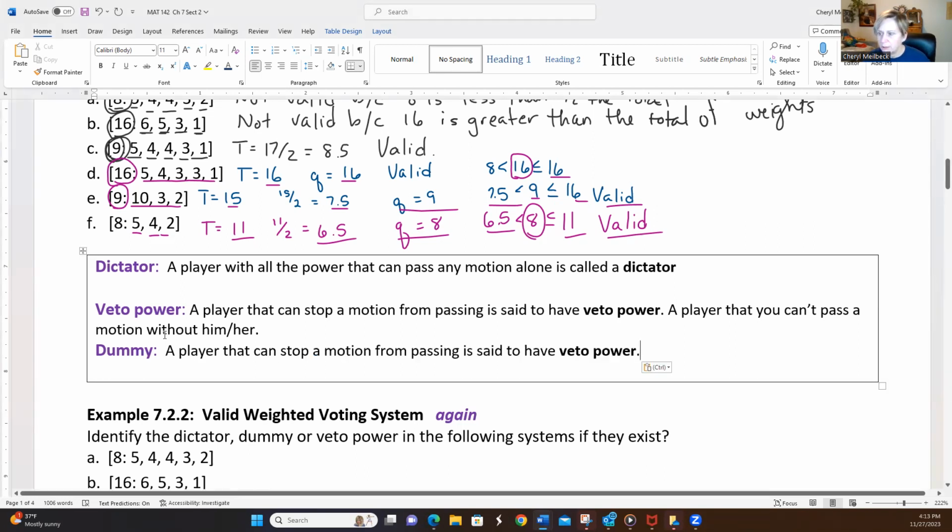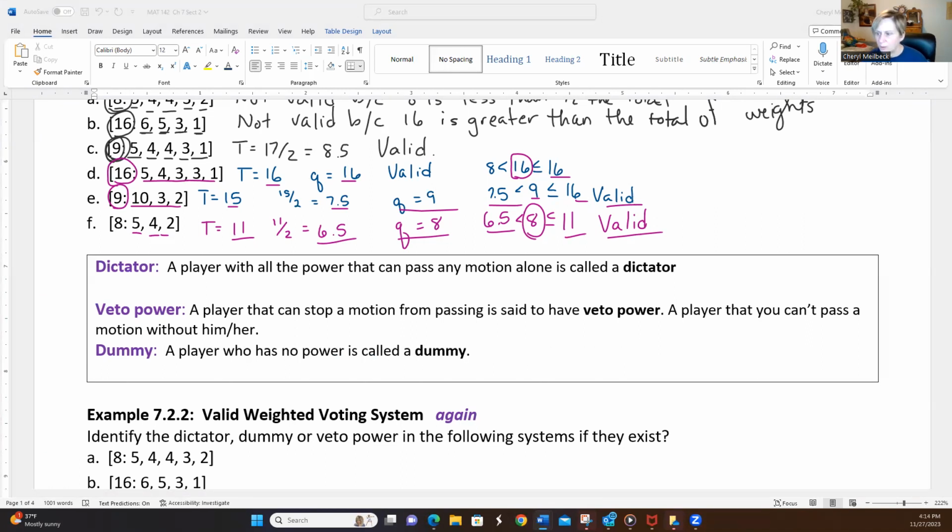A player with no power at all is called a dummy. So they are usually one of the last players in the row. Whether they vote for a motion or against, it doesn't matter because the motion is going to pass no matter what they think. That kind of player is called a dummy.